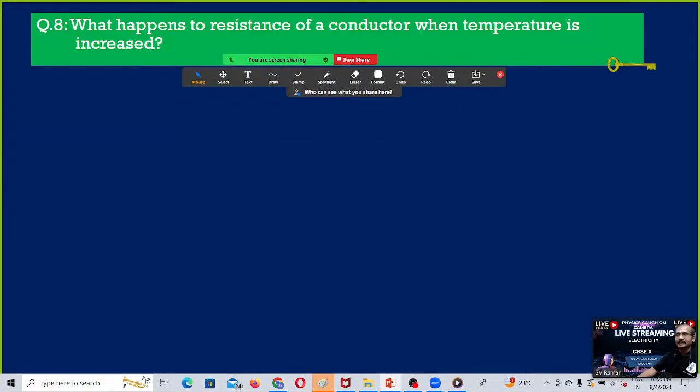Hope you remember in the class two days back, once we started this electricity chapter, we explained about summer holidays, why the power cut is very common in village areas in summer days. So this is the question we discussed. Due to the temperature, resistance will be increased. So when temperature increases, resistance also increases.